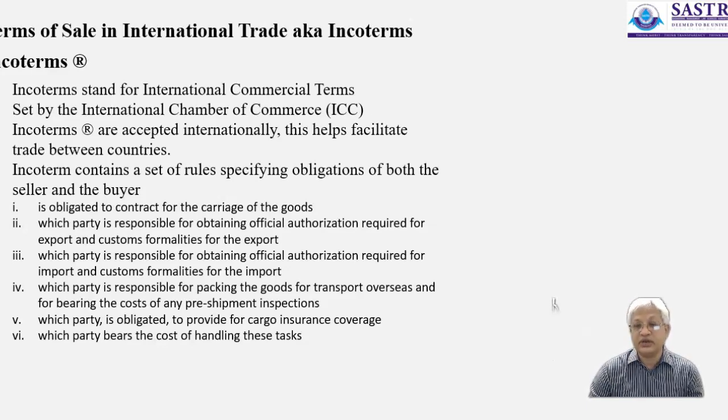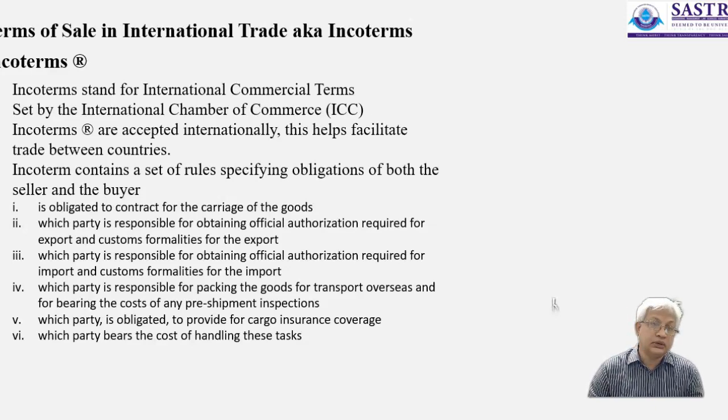Please understand, the word is obligation. It is not about who owns the goods when. It doesn't talk about transfer of title. It is only the obligation, number one. Number two, having conducted or completed that activity which was obligated, who bears the cost for that? So that is very essential to understand.